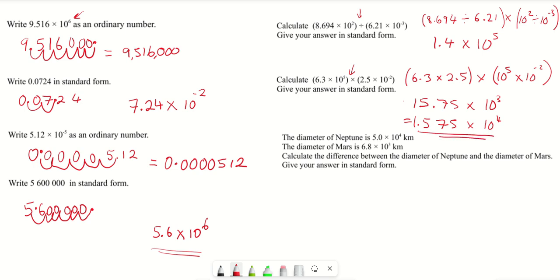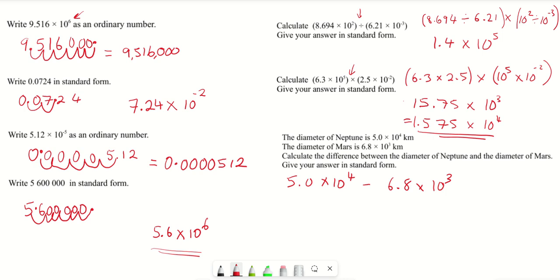This one here, we're looking at the diameter of Neptune and the diameter of Mars. We need to calculate the difference between the diameter of Neptune and the diameter of Mars. So the difference means we're taking away. So we have 5.0 times 10 to the power of 4. And we're taking away the diameter of Mars, which is 6.8 times 10 to the power of 3. Now we can't actually take away yet because our powers are different.